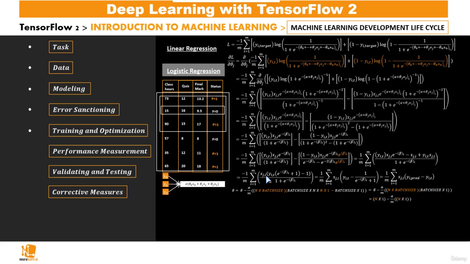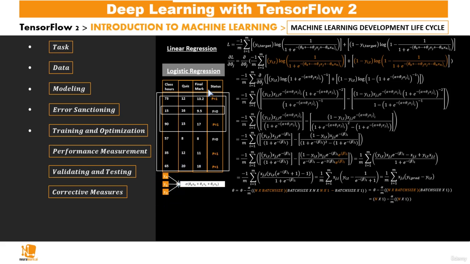Now in that case, we'll see that if this were 1, at the end of the day, we'll still have an n by 1 matrix equals an n by 1 matrix minus alpha over m times an n by 1 matrix. So it won't change the way we update theta as compared to if we had a batch size of 6, meaning we're updating with the whole data set at a time.